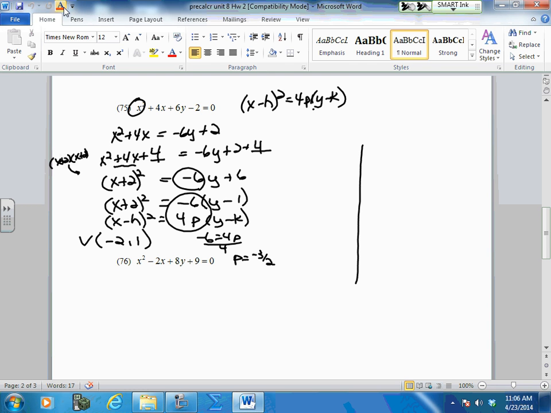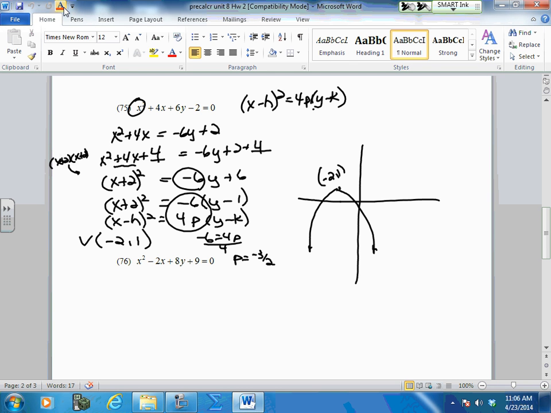So we graph. Negative 2, 1. There's my vertex. Which way is my parabola opening? Down. My p is negative, and I have an x squared. Down. Okay? Now, work this out. You're going to change your y when you come down. I'm at 1.